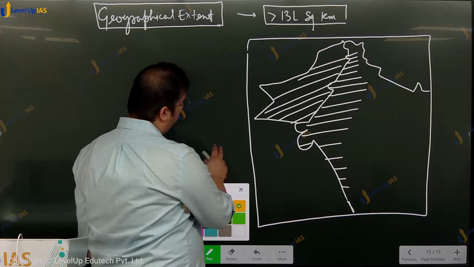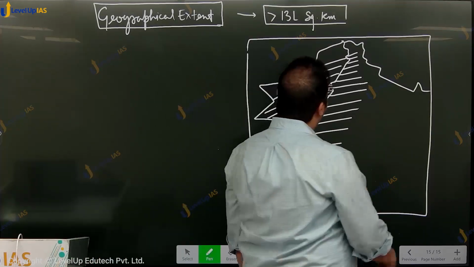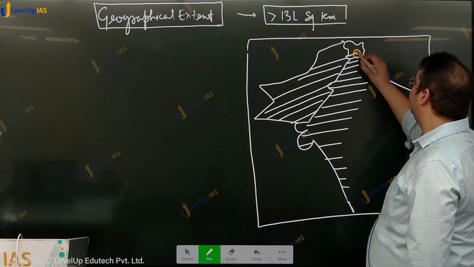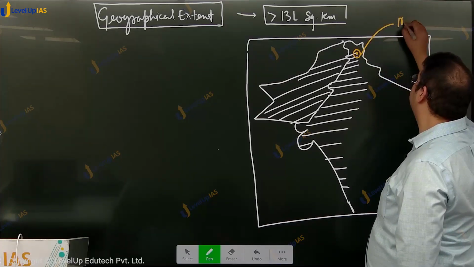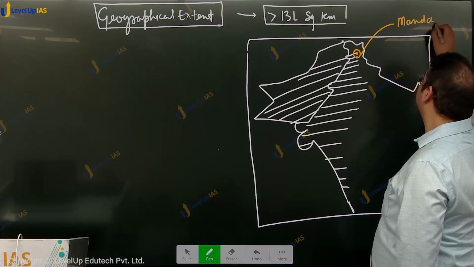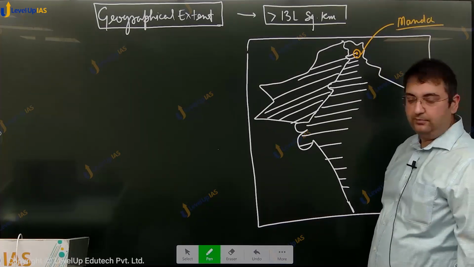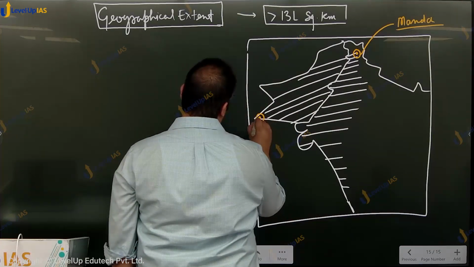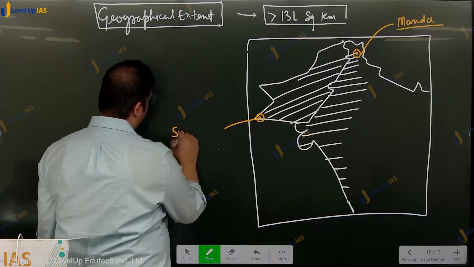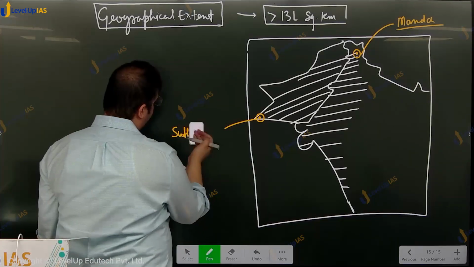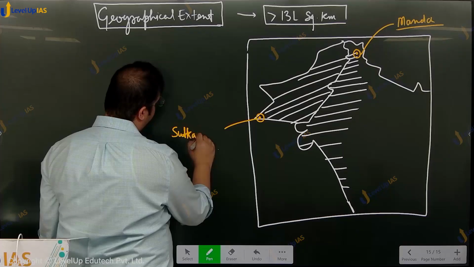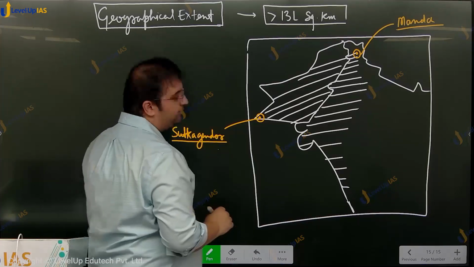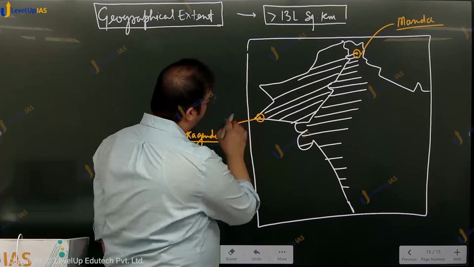The northernmost site in the entire Harappan civilization is Manda in present day Jammu. The westernmost site is Sutkagen Dor on the Iran-Pakistan border along the Makran coast.